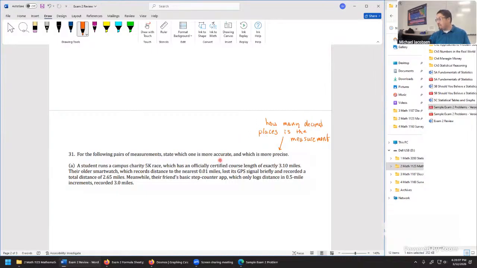But accuracy here, accuracy is talking about something different. This is really how close a measurement is to a true value.